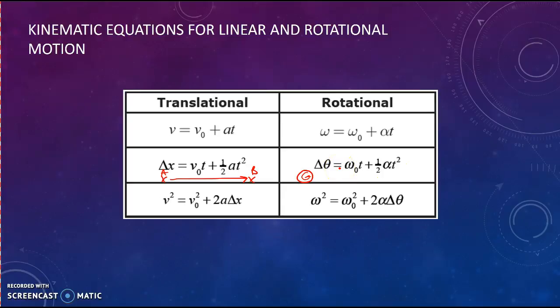So they work the same way. I think the trick is just being able to wrap your mind around this whole idea of rotational motion, since it's not quite as easy to see the displacement, the velocity, and the angular acceleration in that case.